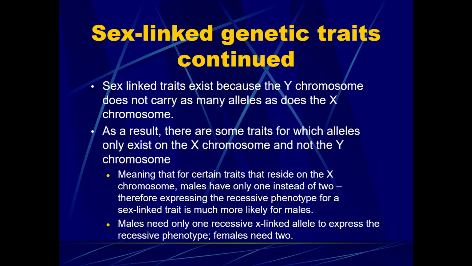That means that for certain traits that reside on the X chromosome, males have only one instead of two, so if the trait is on their X chromosome, they'll express that trait, even if it's recessive, because they only have one. Whereas females have an extra X that acts as a buffer and may prevent them from showing that trait, especially if it's recessive, but they would be carriers.